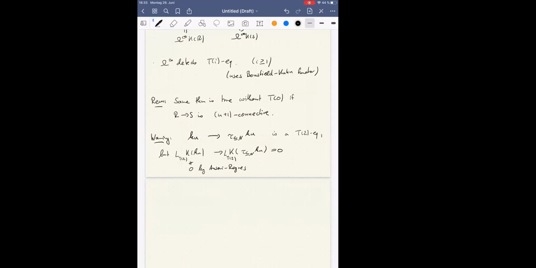So let's apply this. In some sense, the most important example for us is the following. Let's apply our theorem to R going to pi 0 R, or its Eilenberg-MacLane spectrum, if R is connective. This is a 1 connective map.